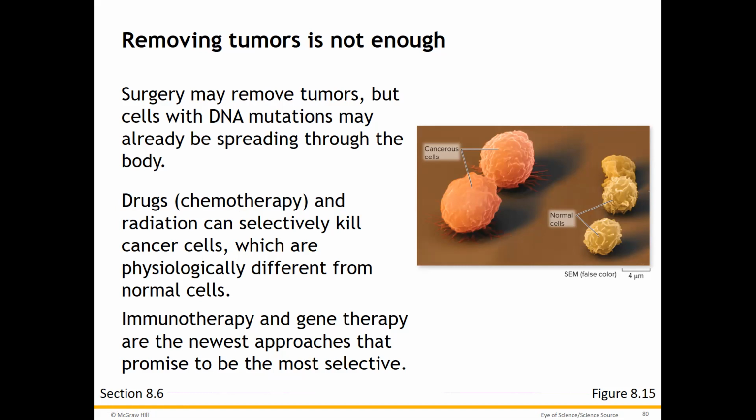Something that's becoming much more popular in today's world because we know more about genes and gene therapy, immunotherapy. This is the most promising because you're using your own genes and your own cells to fight the cancer, and they're genetically modifying your cells with the proper genes to stop the cancerous growth.